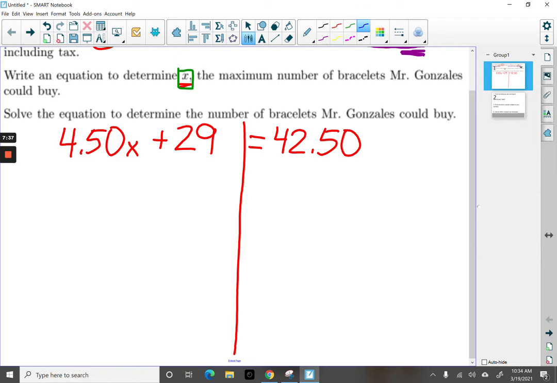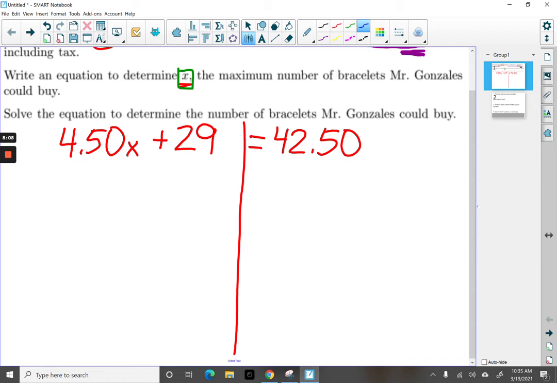Now to solve this, I am going to do the opposite of whatever operation I see on this left side. Technically I have two operations here: a multiplication and an addition. The easier of the two to get rid of is the addition. If I try to get rid of the multiplication, it's going to require a lot of division, which is possibly going to give us some unwanted fractions, even fractions with decimals inside them.